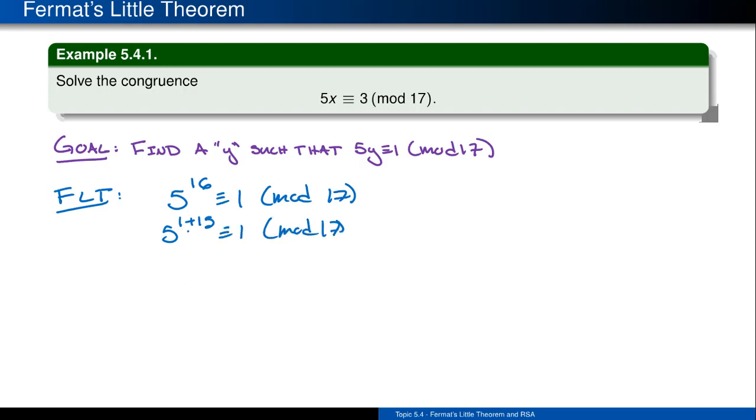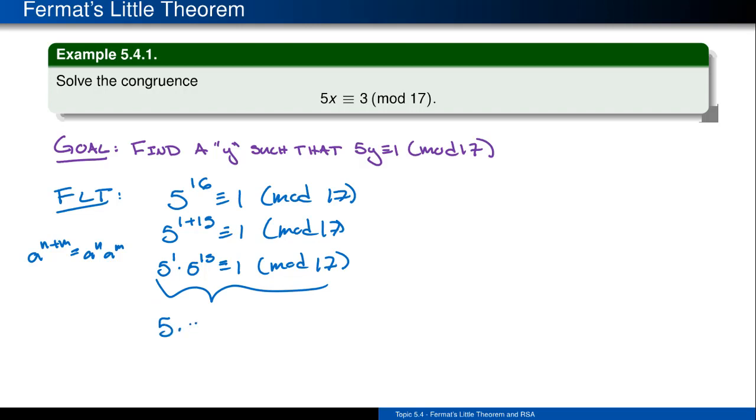In this case is going to be one of our properties of exponents, the idea that a to the n plus m is a to the n times a to the m. So I'm going to rip off one of those things. This is going to be 5 to the 1, and then a 5 to the 15th, and that's going to kick out this 1, modulo 17. So in this case, you can see that's exactly what I wanted to see. I now have 5 multiplied by 5 to the 15th is going to be a 1, modulo 17.